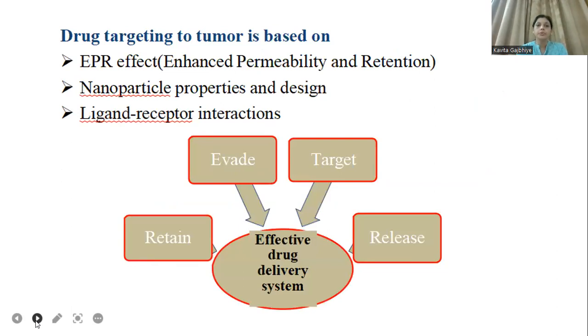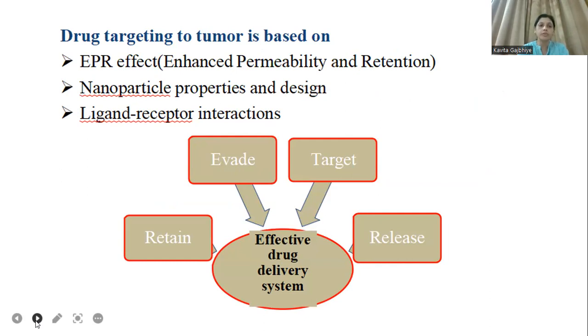Drug targeting to tumor is based on the enhanced permeability and retention effect. This is a very, very important phenomenon. Another important thing is a specific kind of carrier system. For example, nanoparticles have the best properties to deliver the cytotoxic drug because of their nature and multifunctional properties.